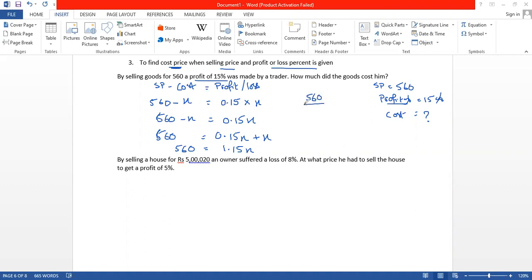So 560 divided by 1.15 should give you the amount of X. So let's do this. 560 divided by 1.15. 486.96 is basically the cost price over here.